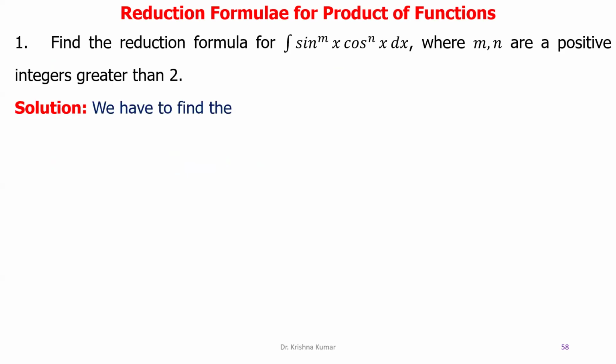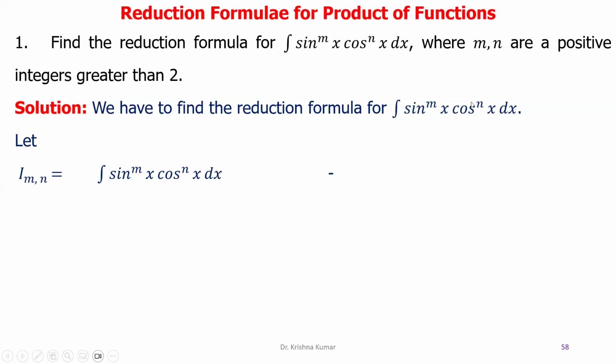Since there are two values m and n, let us define I m n, where m represents the power of sine and n represents the power of cosine. So I m n is equal to integration of sine to the power m x into cos to the power n x dx.